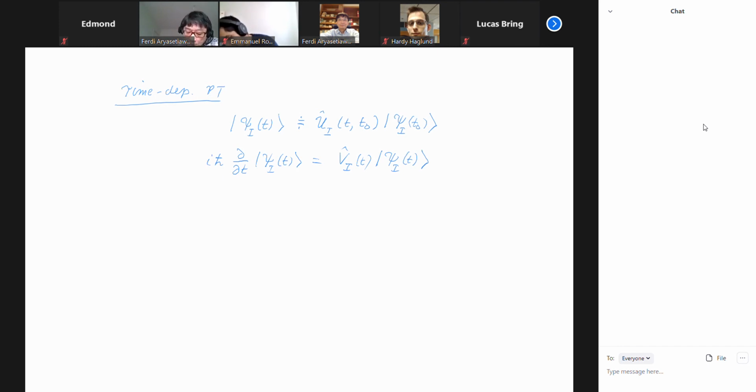Now if we use this definition here, then it follows that we have a differential equation, the time-dependent equation for the time development operator.